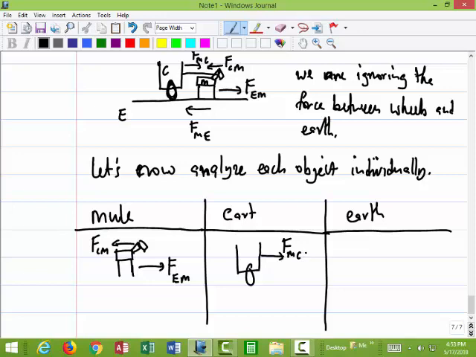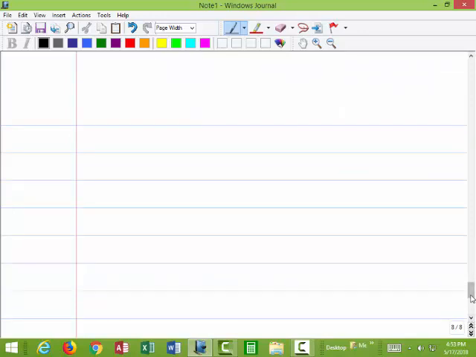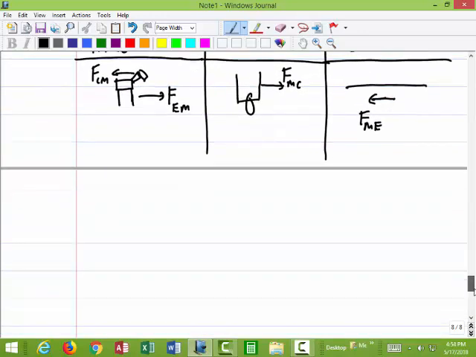And let's ignore the weight of the mule and the weight of the cat, just so that we can make it simple. We already know how the weights pan out when we are analyzing Newton's third law, so we are also ignoring the weights. And then for the Earth, this is the force of the mule on the Earth. So let's bring it down here.